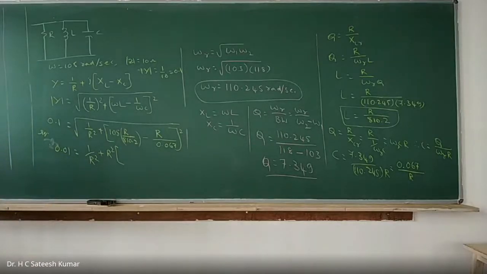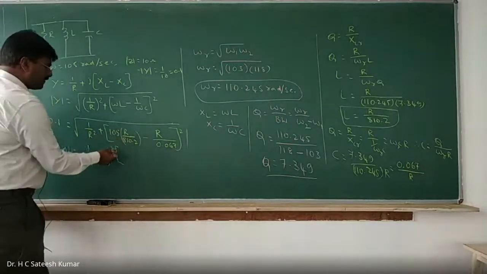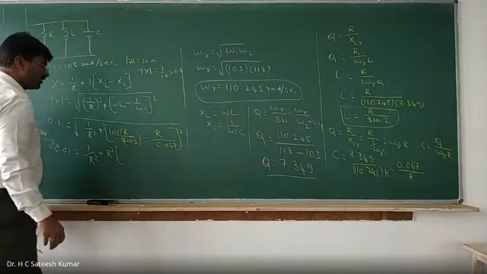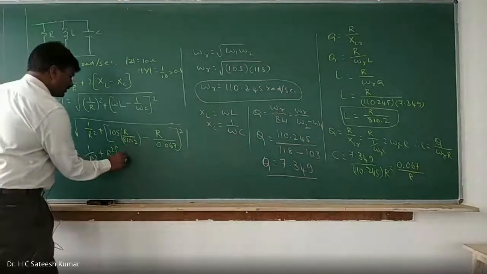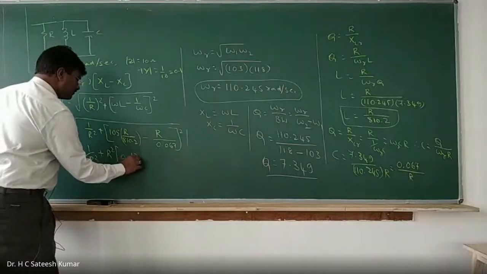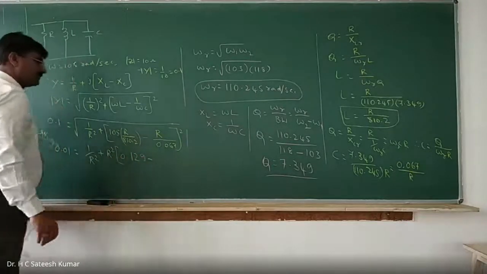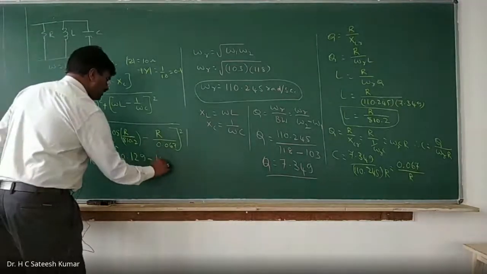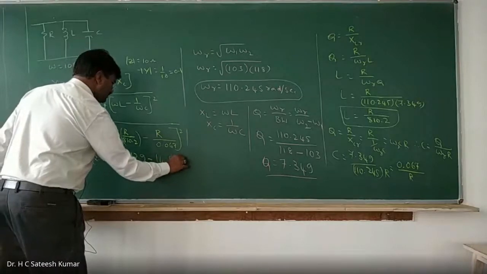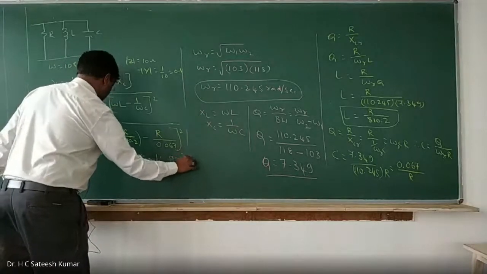into, what is it that we have? 105 divided by 110, madam. 0.129 minus 1 by 0.067, 14.925 whole square.